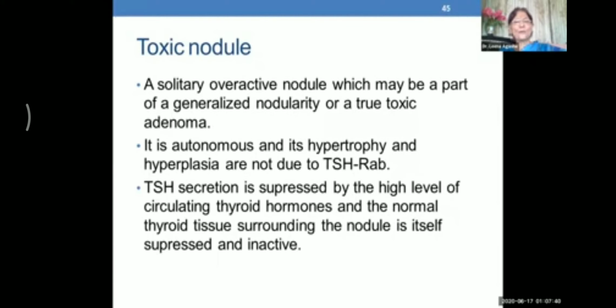It is autonomous and its hypertrophy and hyperplasia are not due to thyroid stimulating hormone receptor antibodies, in contrast to Graves' disease, where mostly it is because of thyroid stimulating hormone receptor antibody activation. TSH secretion is suppressed by high levels of circulating thyroid hormones, and the normal thyroid tissue surrounding the nodule is itself suppressed and inactive.